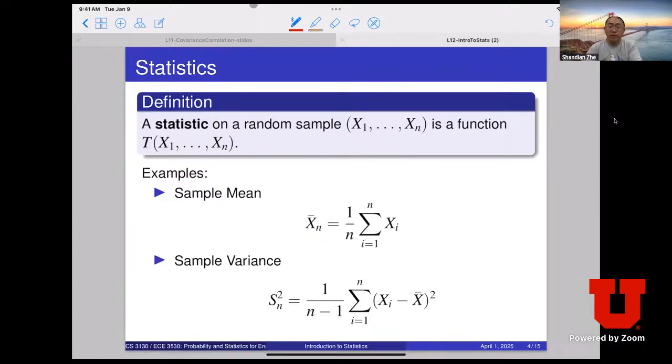Here we want to ask: is the sample mean or sample variance a constant or a random variable? Any thought?